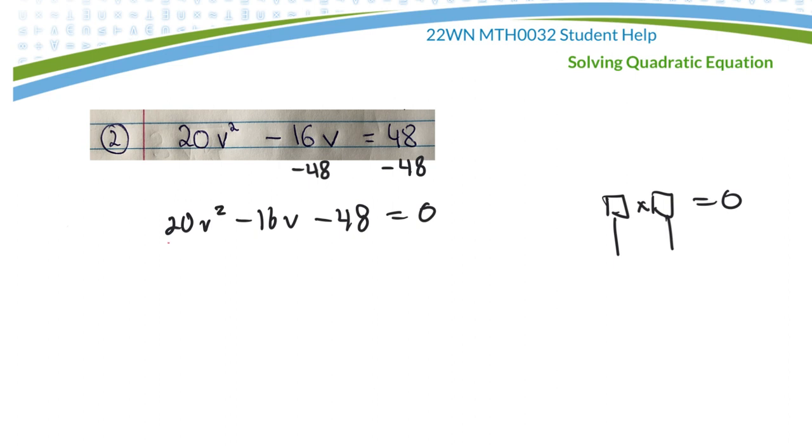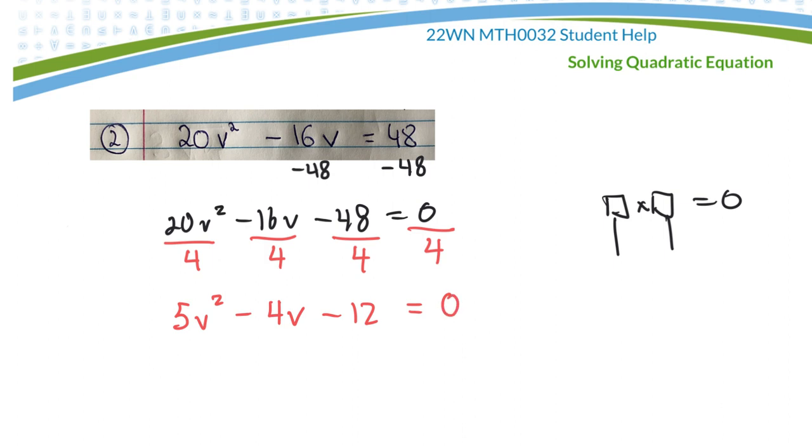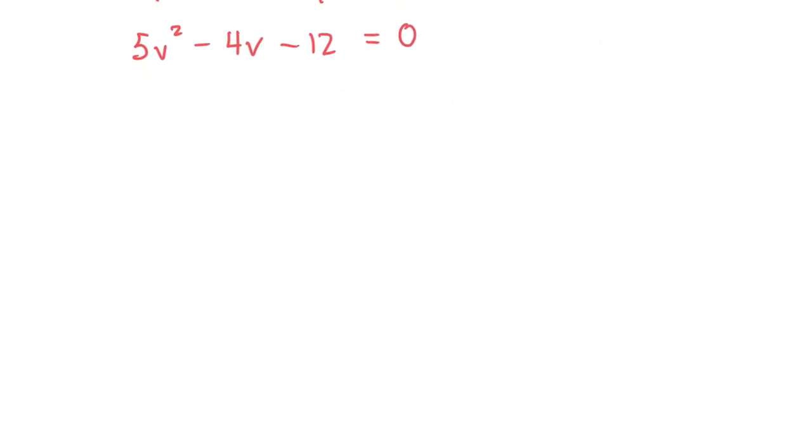So I'm going to do that. I'll divide this by 4, and this by 4, and this by 4, and this by 4. You got to do everything. So this will turn out to be 5v squared minus 4v minus 12 equals 0, since 0 divided by 4 is still 0. Okay, now same as the last question, I need to factor that.